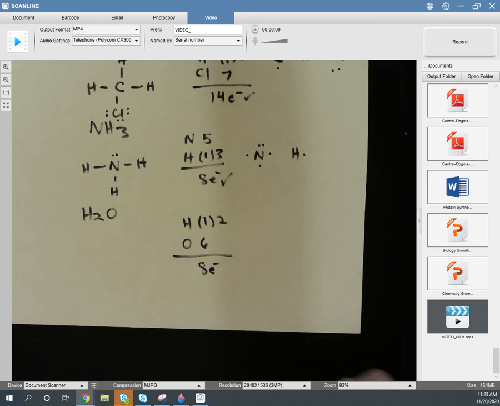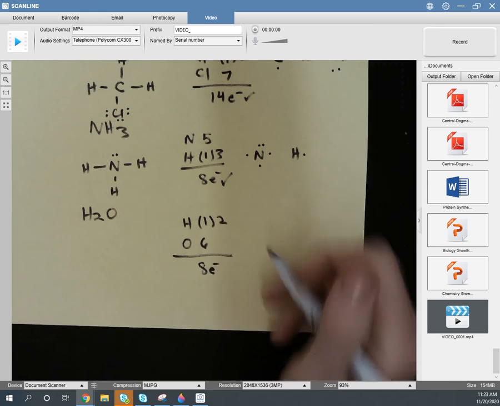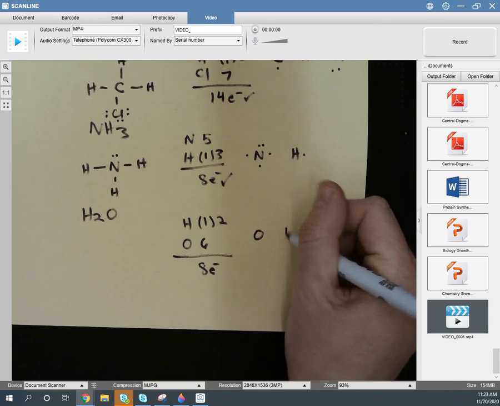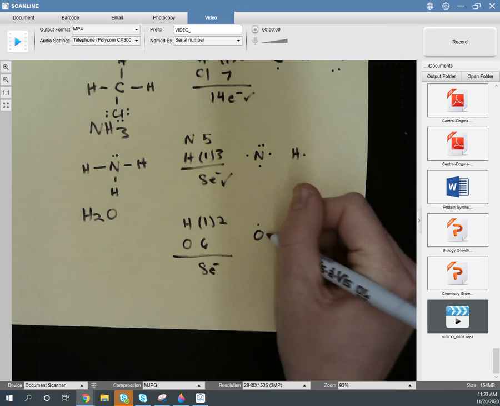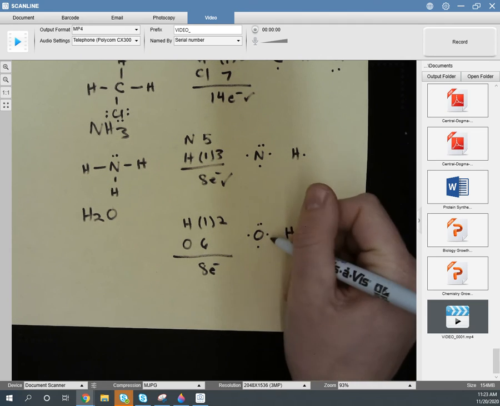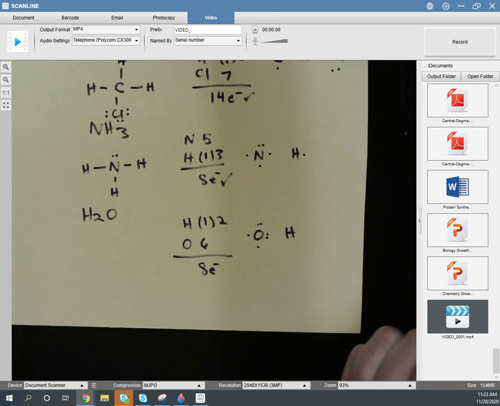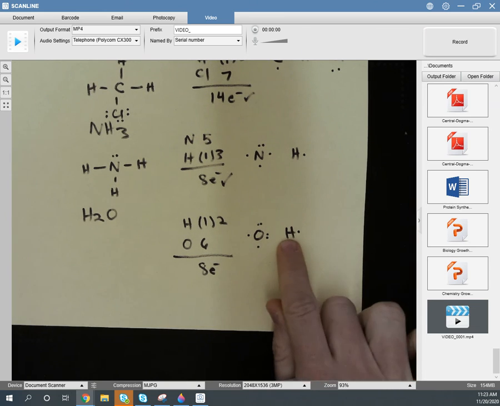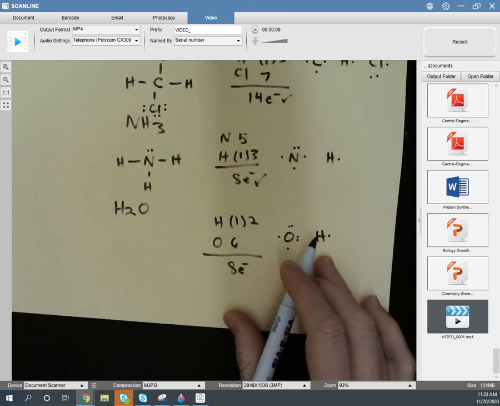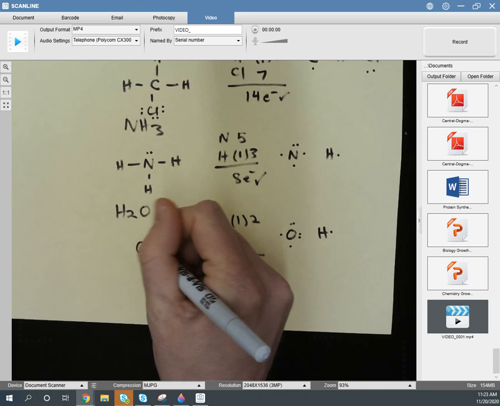Okay, the next step is to figure out which one goes in the middle. Well, oxygen, group 16, if we draw out its dot structure, it has 2 unshared electrons. Hydrogen only has 1, so oxygen is going to go in the middle. That's our middle atom.